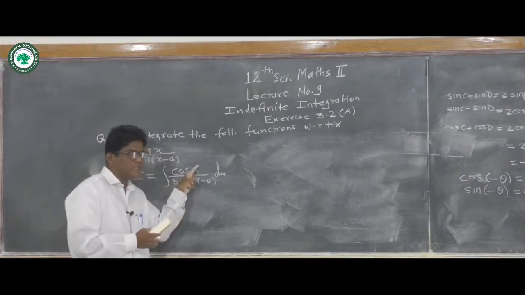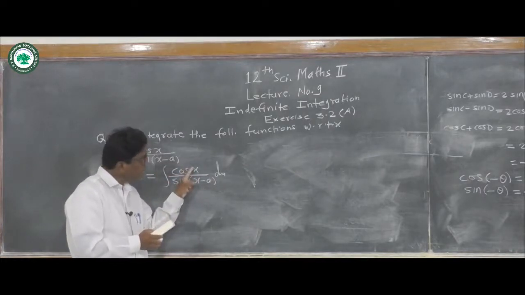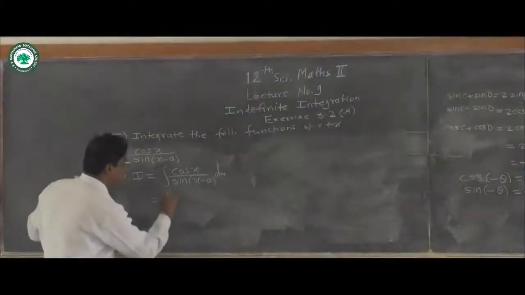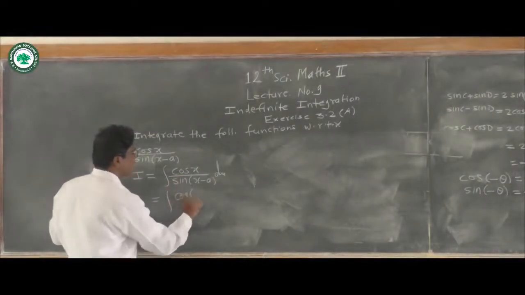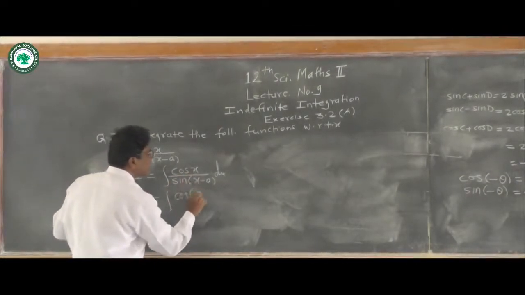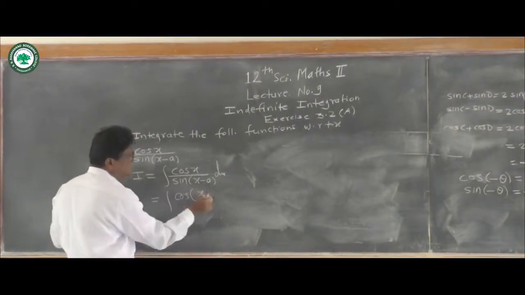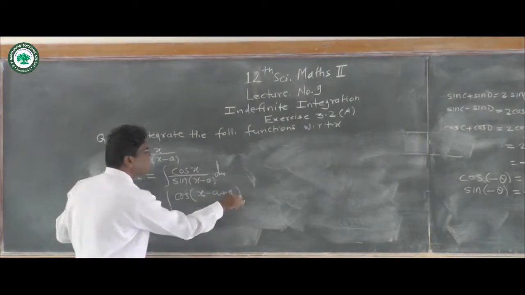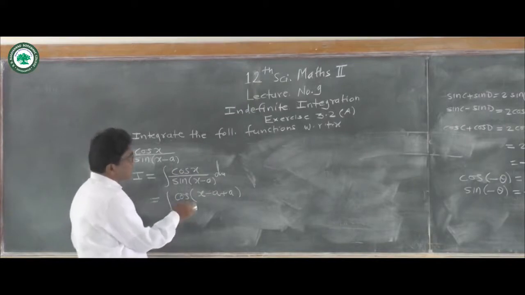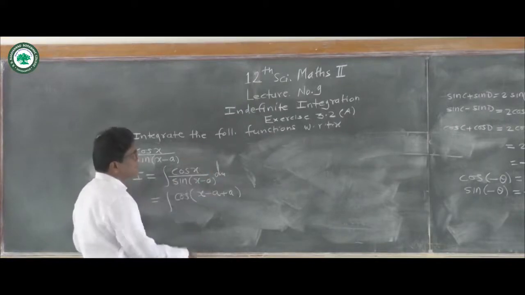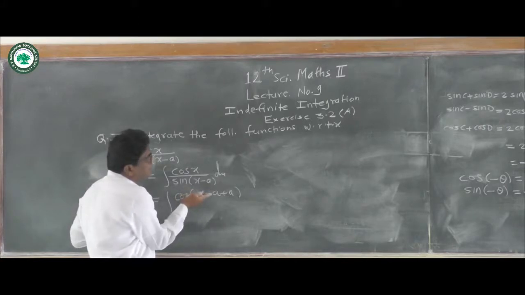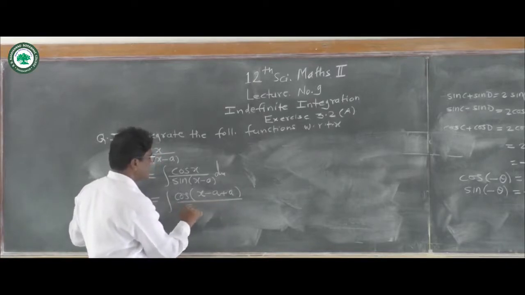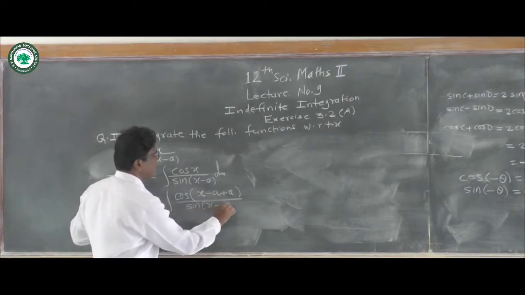For that purpose we take x minus a and plus a, so it is equal to the integration of cos of (x minus a plus a), divided by sin of x minus a, dx.